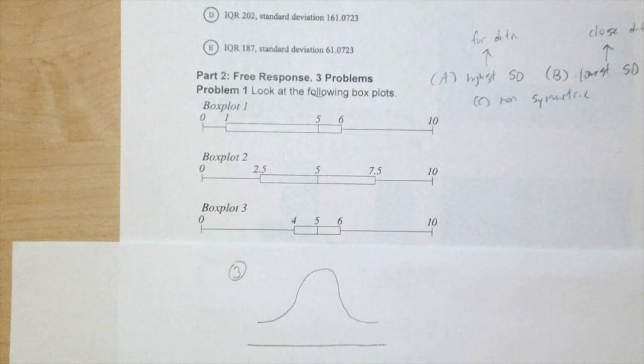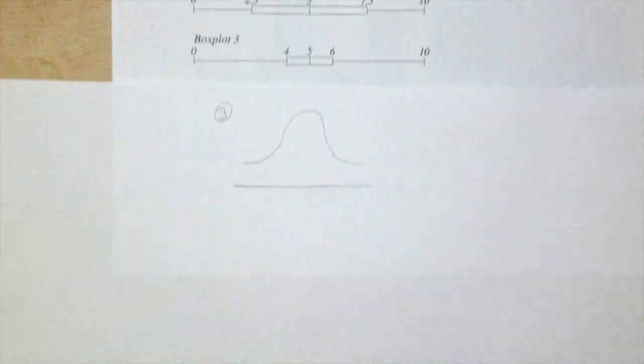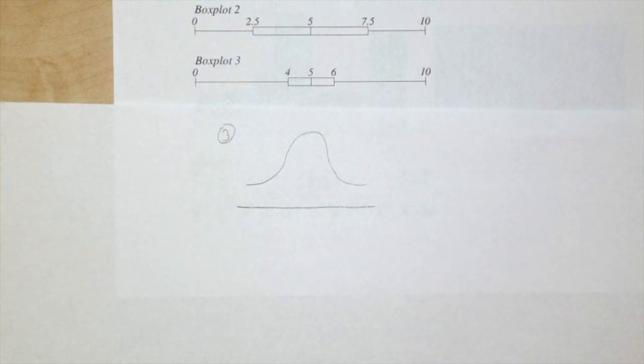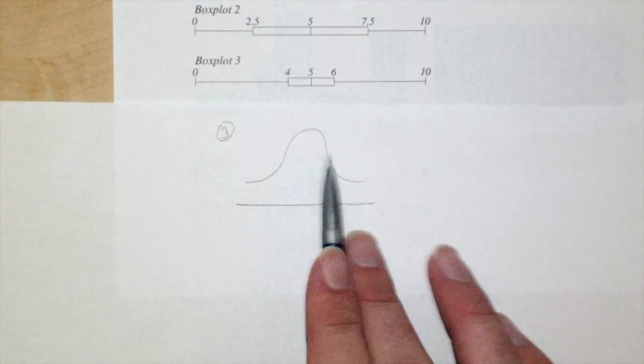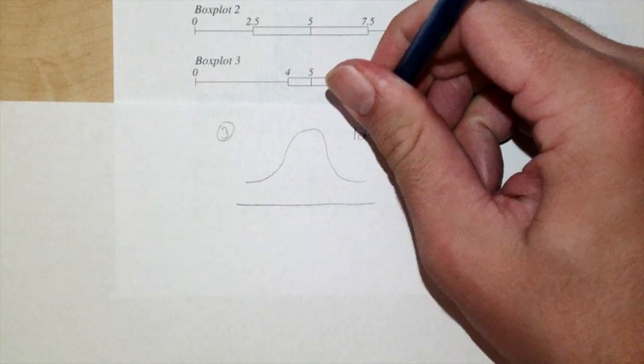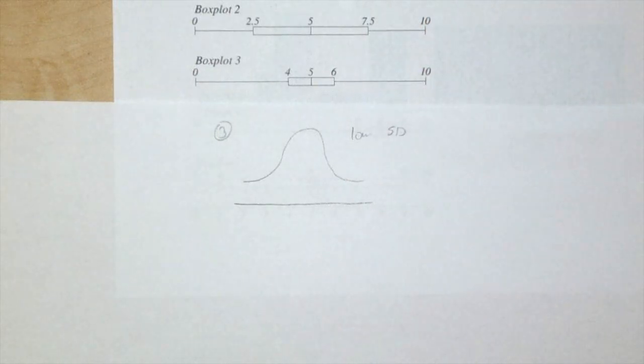And if we're reviewing shapes and their standard deviations and their box plots, this is a classic low standard deviation situation because all the data is close to the middle. So this is my candidate so far for the lowest standard deviation, box plot number 3.